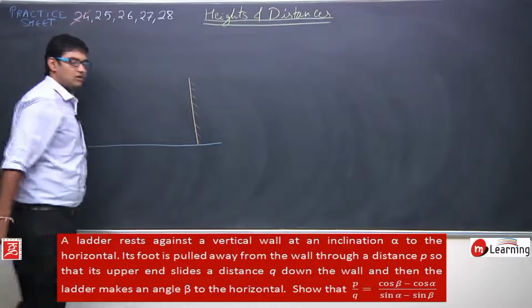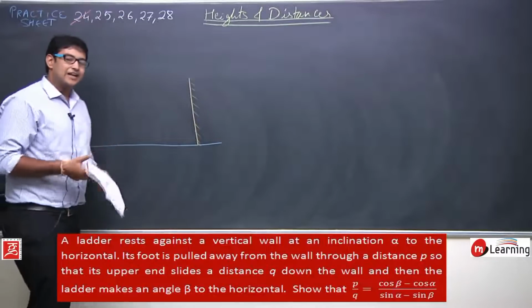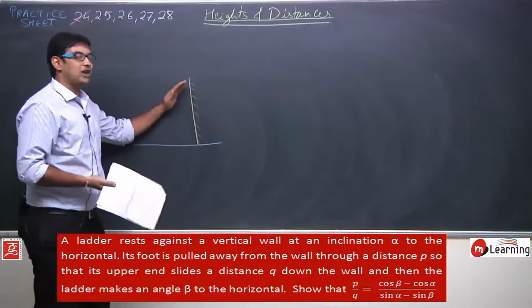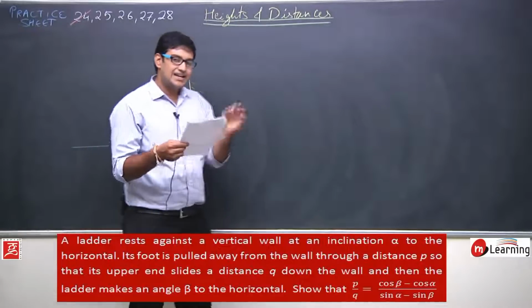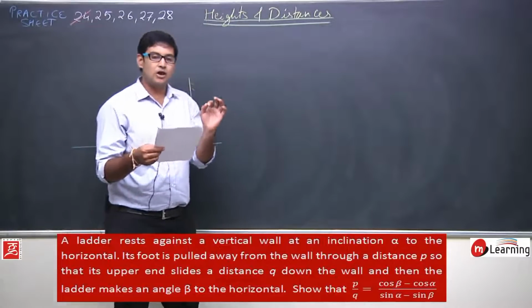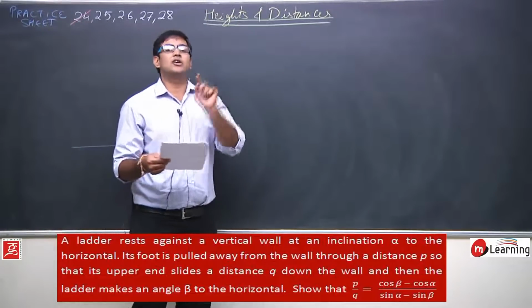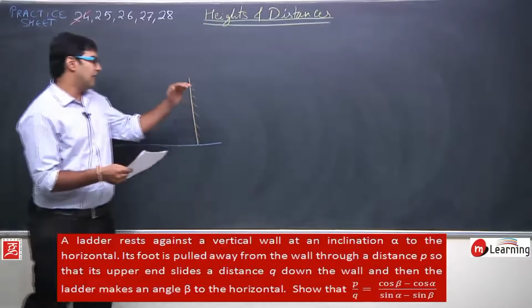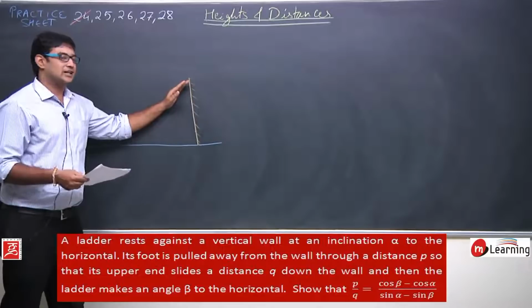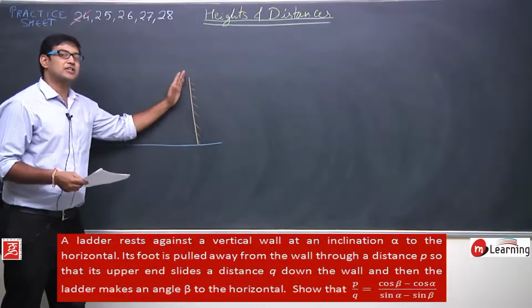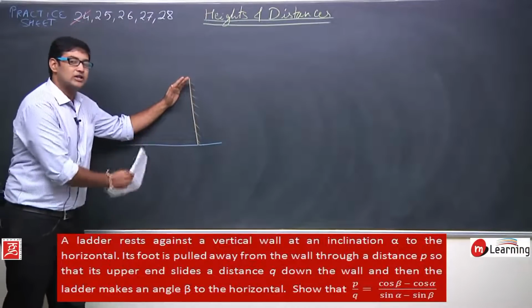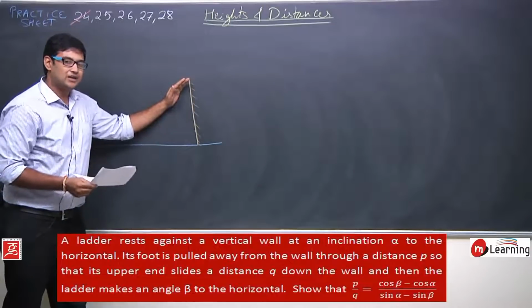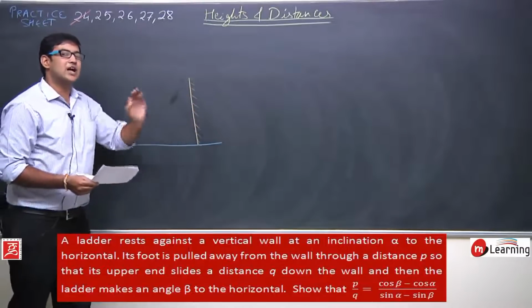The ladder rests against this vertical wall like this, because it clearly says that the ladder rests against a vertical wall at an inclination to the horizontal. It means the ladder will make an angle alpha with the horizontal. The inclination of this ladder with the horizontal is alpha.